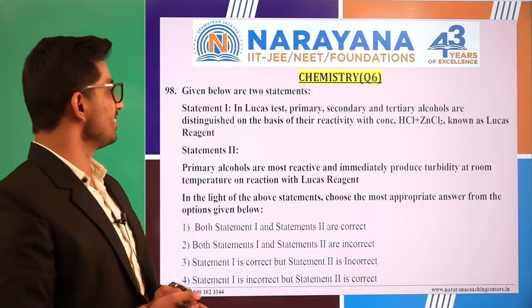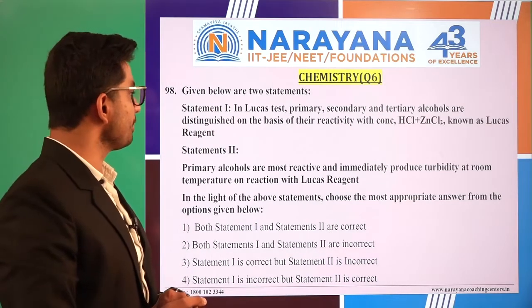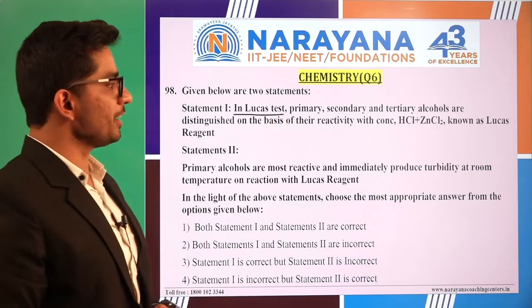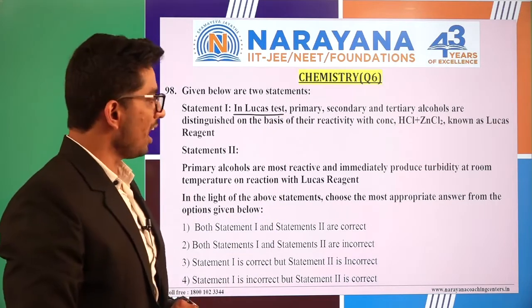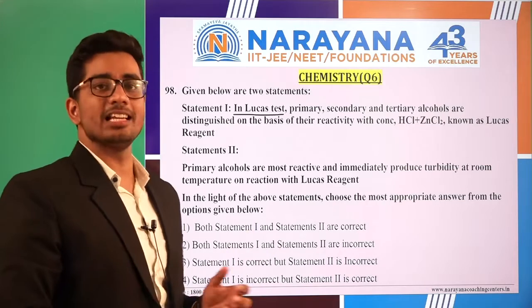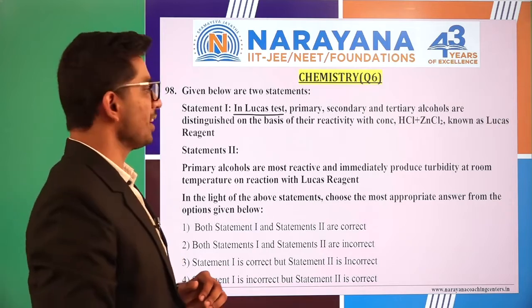Next, again there are statements. Given below are two statements. Statement 1: in Lucas test, primary, secondary and tertiary alcohols are distinguished on the basis of their reactivity with concentrated HCl and zinc chloride, ZnCl2, known as Lucas reagent.